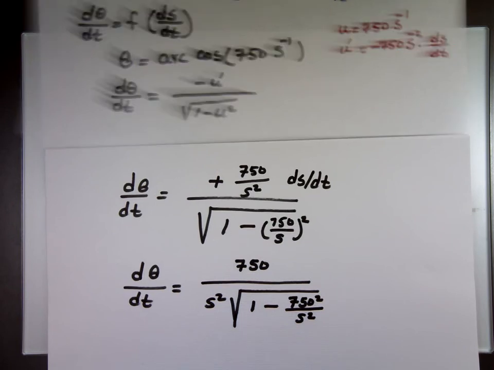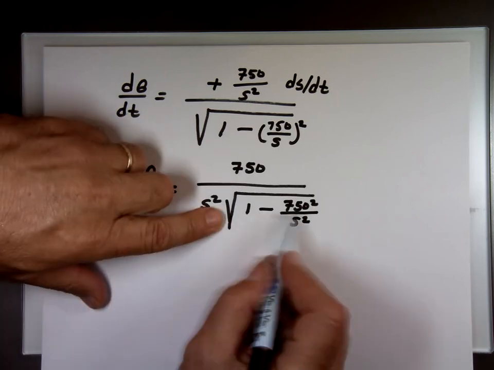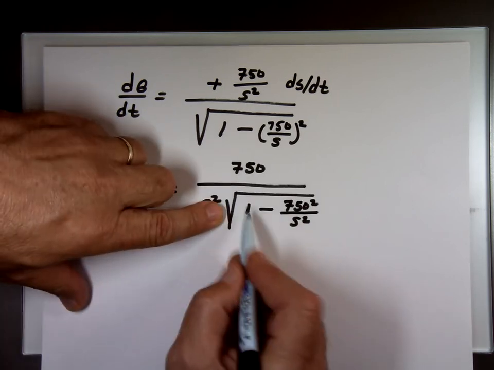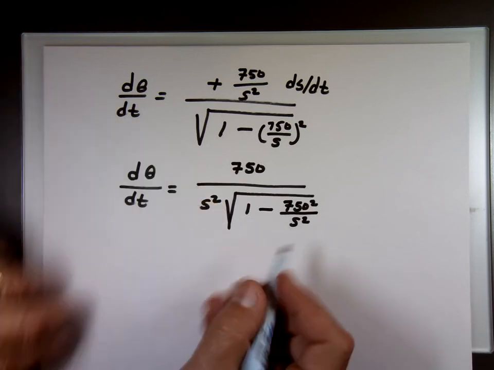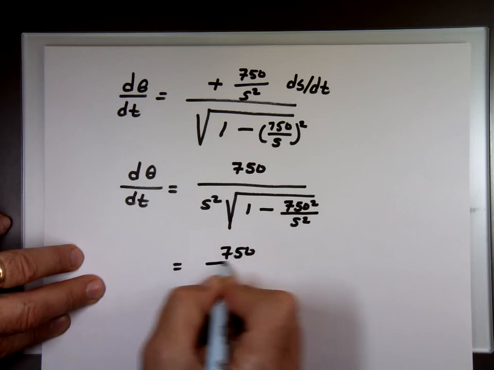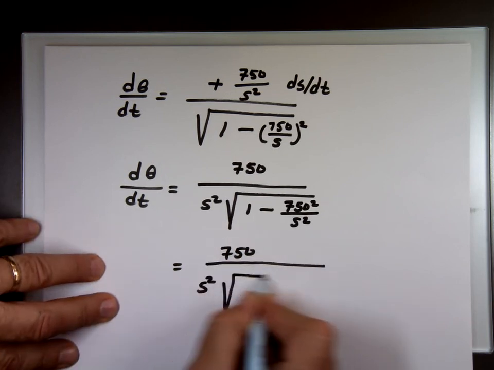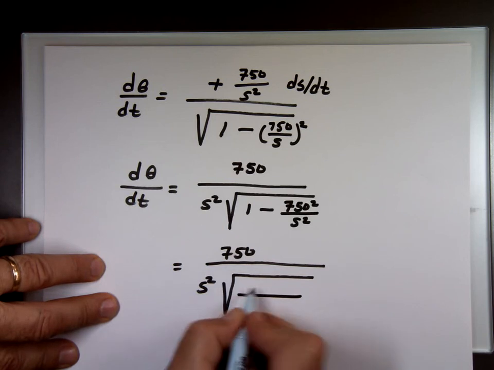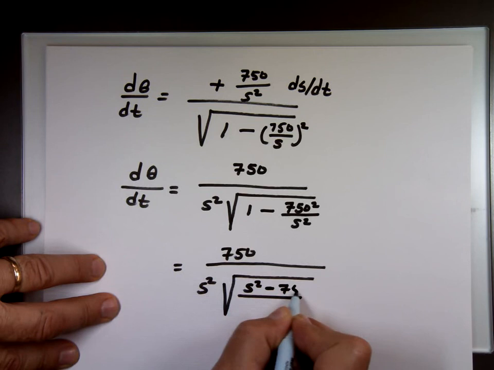A couple more steps. If you look just inside this one, under the square root, what's the LCD? S squared. This will be S squared minus 750 squared divided by S squared.